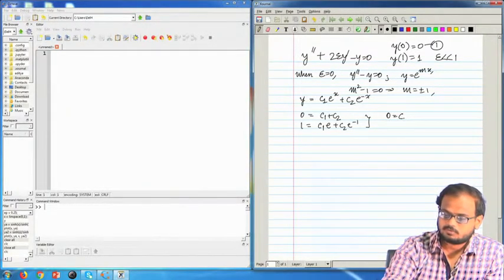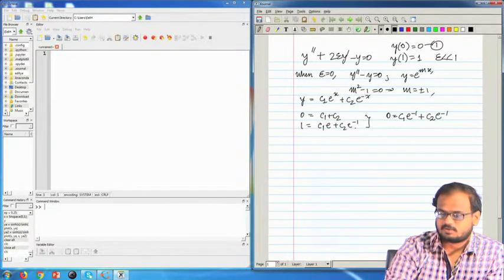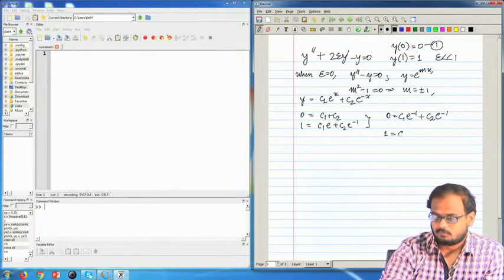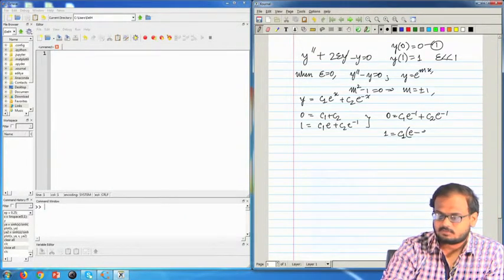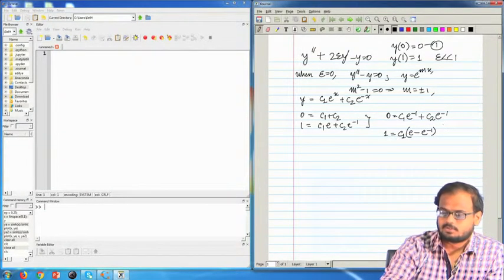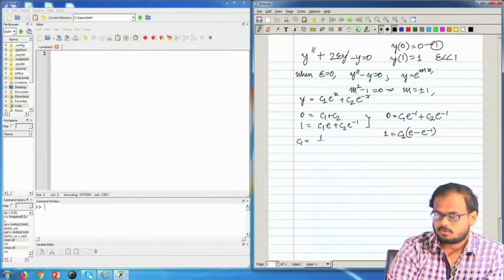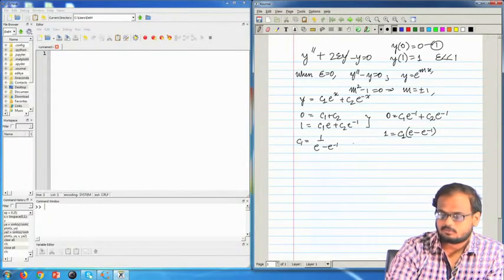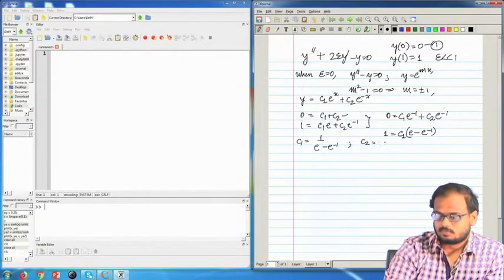So, we have 0 equal to c1 e raised to minus 1 plus c2 e raised to minus 1, and then subtracting this equation from the other. So, we have 1 equal to c1 times (e minus e raised to minus 1), and c1 equal to 1 by (e minus e raised to minus 1), and c2 by using the first equation is equal to minus 1 by (e minus e raised to minus 1).